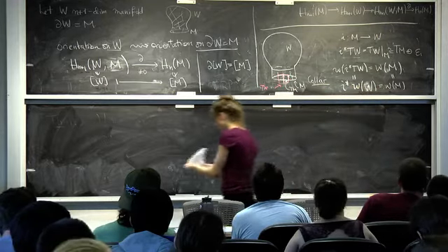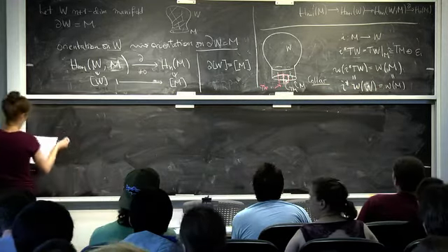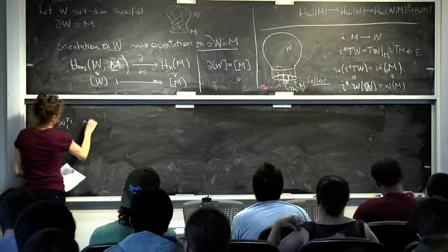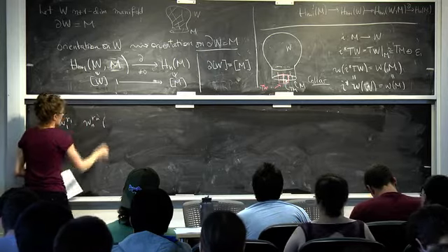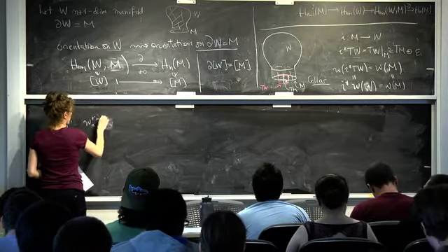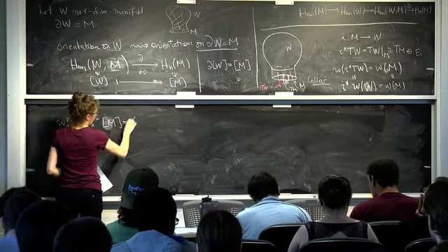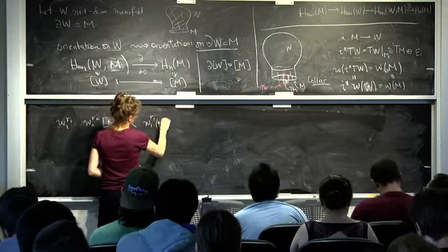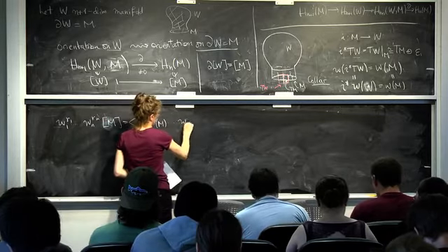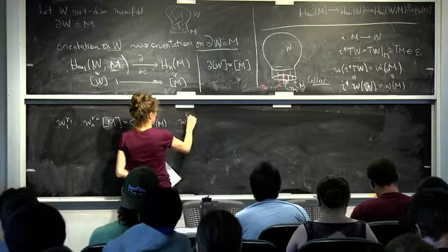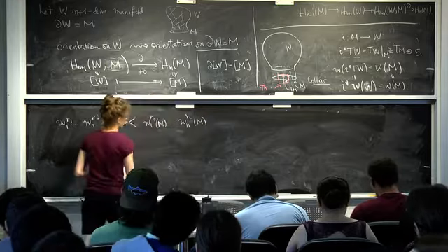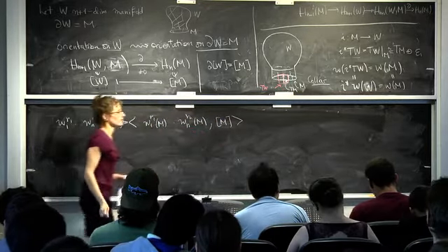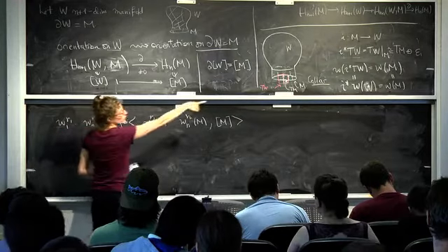So I can look at my Stiefel-Whitney numbers. I can look at W1 of R1, Wn of Rn, evaluated on M. By definition, this is W1 R1 of M dot dot dot Wn Rn of M paired with the fundamental class of M. But now I'm going to use this.